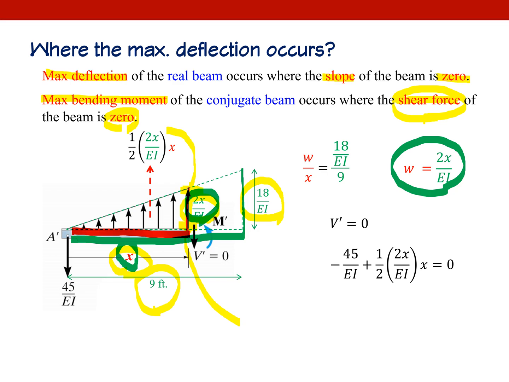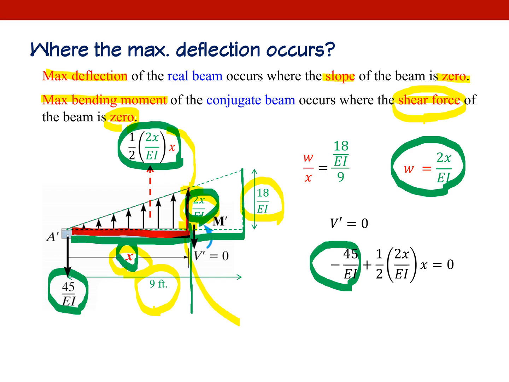So if you get the shear force at this x location, then 45 over EI going down, negative, and the resultant of the triangular load going up. This must be 0. So if you punch it into your calculator, you are going to get your x value as 6.71. And this is actually all math, not real structural engineering.